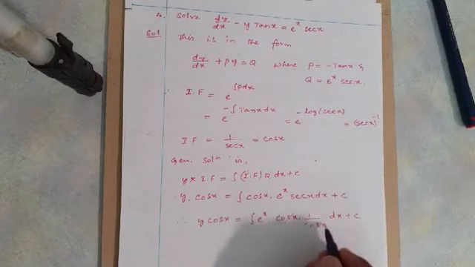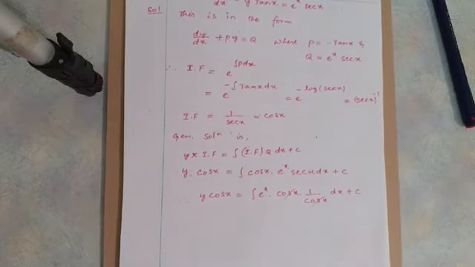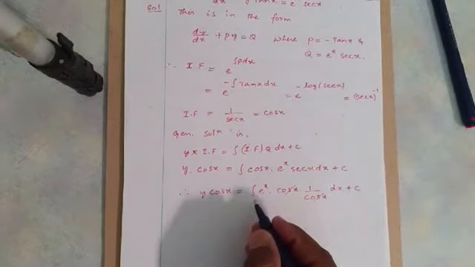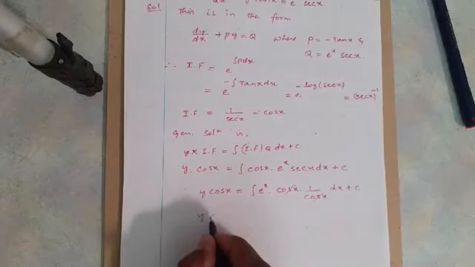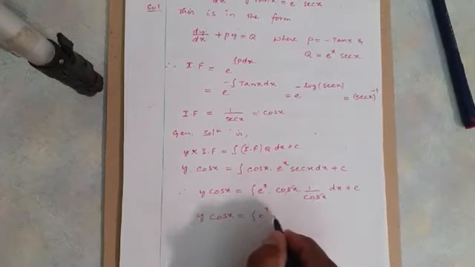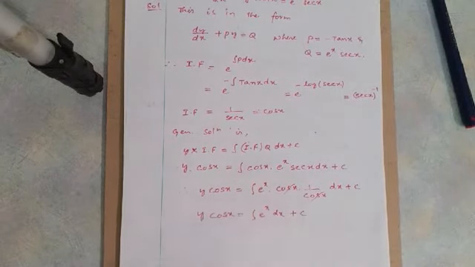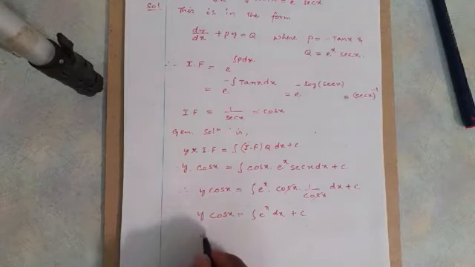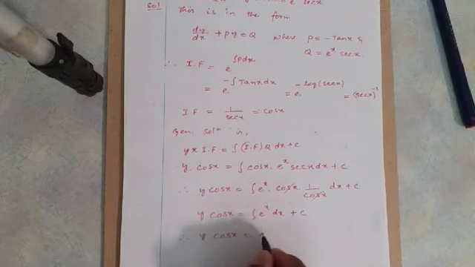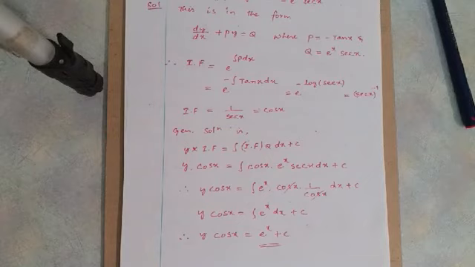Now cos x gets cancelled. Then what remains? y cos x is equal to integral e power x dx plus c. Now integral of e power x is e power x, therefore y cos x is equal to e power x plus c. So this is the solution for the fourth problem.